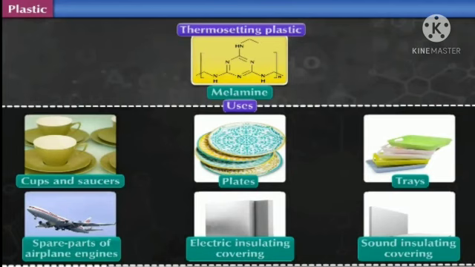And the next subtype is melamine. It is used in cups and saucers, plates, trays, spare parts of airplane engines, electric insulating covering and sound insulating covering.